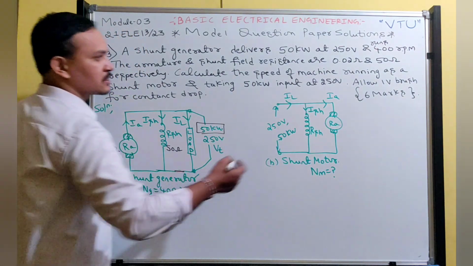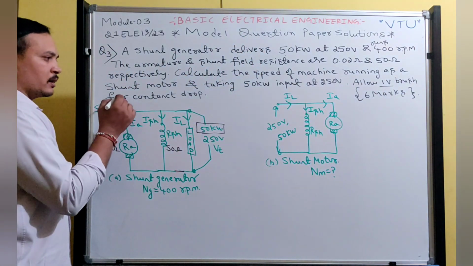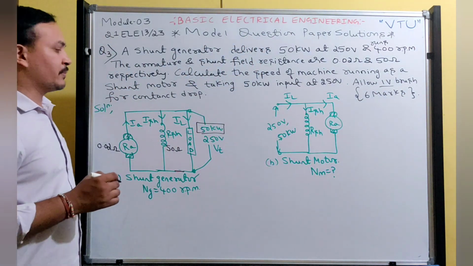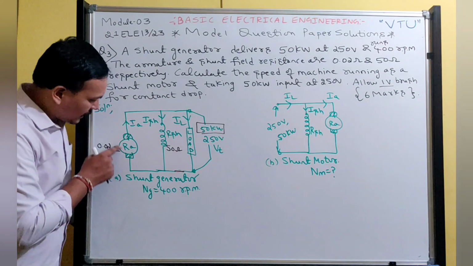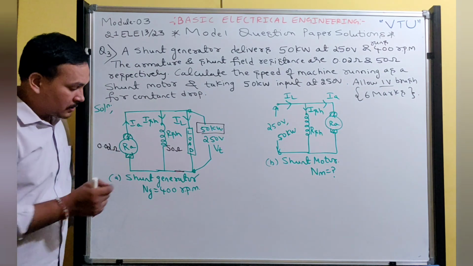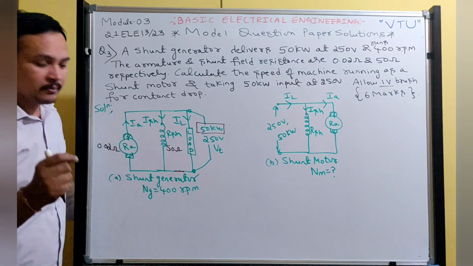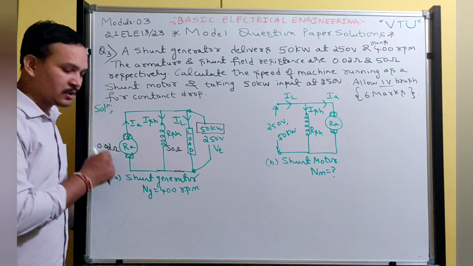Along with that, they are asking to allow 1 volt for contact drop. This is brush contact drop. These boxes are called brushes. The brushes are made of carbon or graphite and have some resistance.